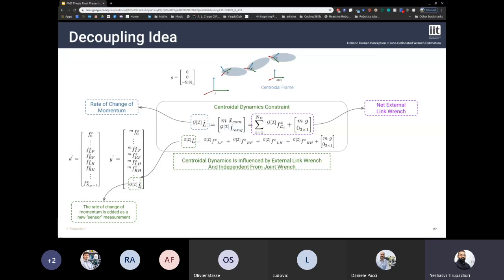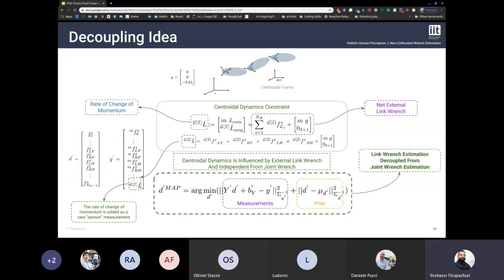Using these new variables, we can define a new estimation problem, which is independent from the model constraints. Here, the estimation is guided just by the prior and the measurements. So thanks to this new formulation and the centroidal dynamics as a new constraint, this new formulation decouples the link wrench estimation from the joint wrench estimation.